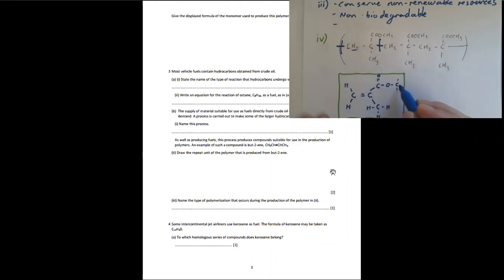So this is how my molecule looks like. There we go. So it's got that COO in there. That's an ester bond that's in there with the CH3. And there's my CH3 at the bottom. There's my double bond, and it's that double bond that breaks, right? So this is the monomer that they wanted in there.